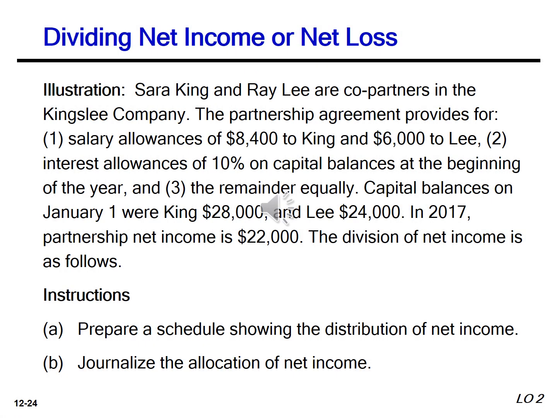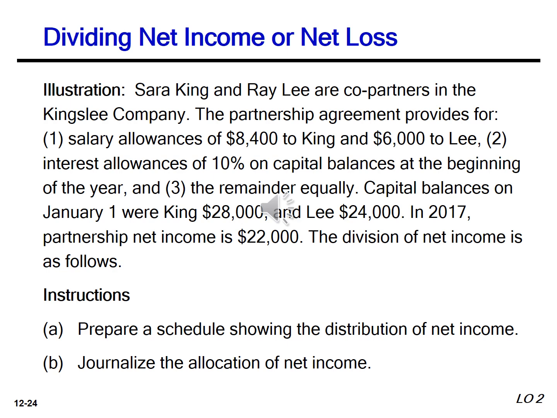Here we have an illustration to better understand how the process of dividing net income or net loss works. The illustration says Sarah King and Ray Lee are co-partners in the Kingsley Company. The partnership agreement provides for: 1. Salary allowances of $8,400 to King and $6,000 to Lee. 2. Interest allowances of 10% on capital balances at the beginning of the year.